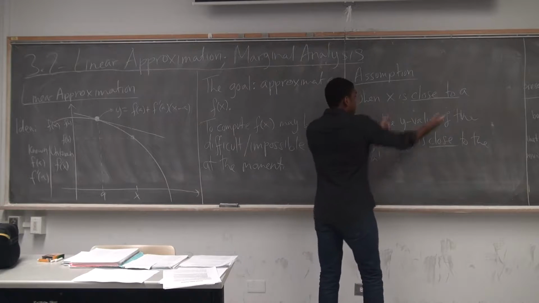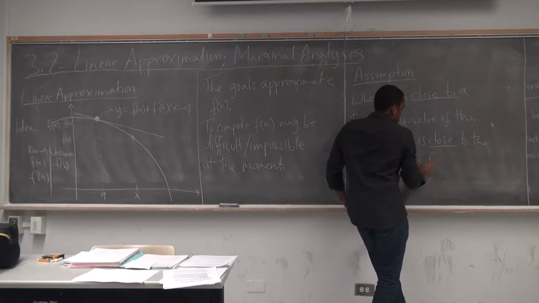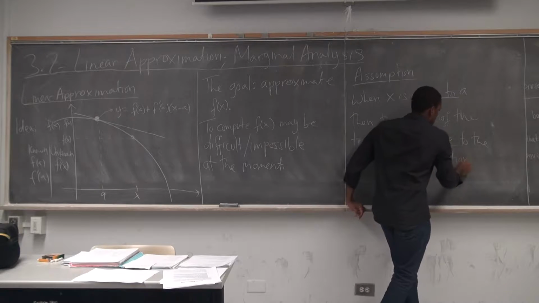And the closer we make x to a, the closer these two will align. That's the property of the tangent line.